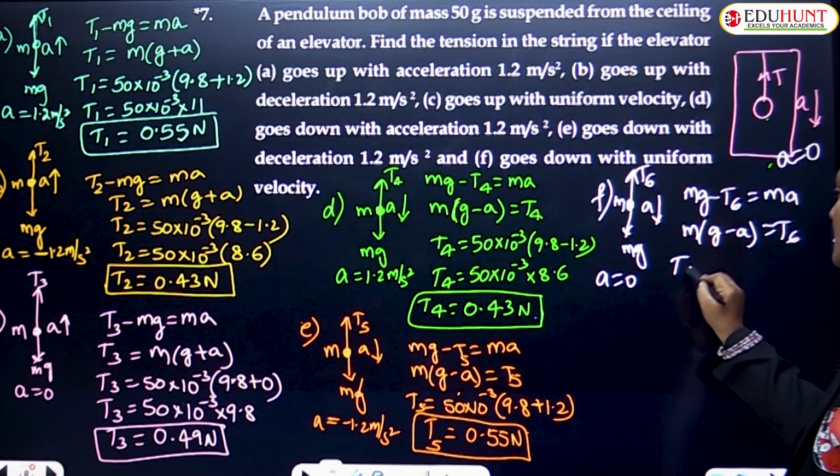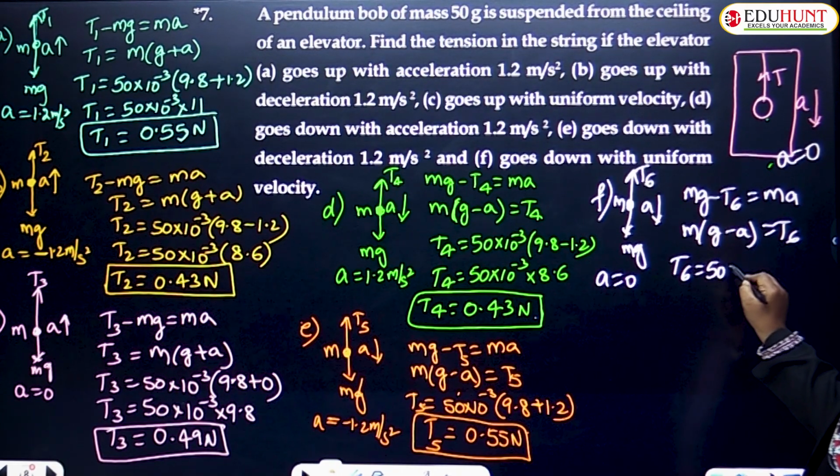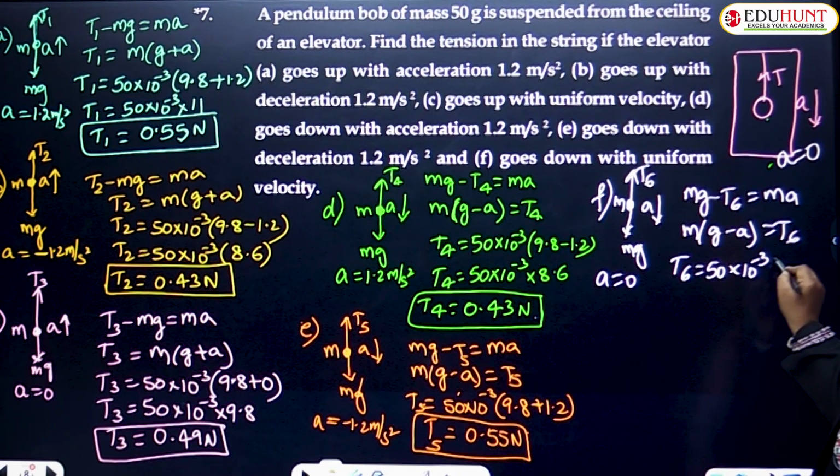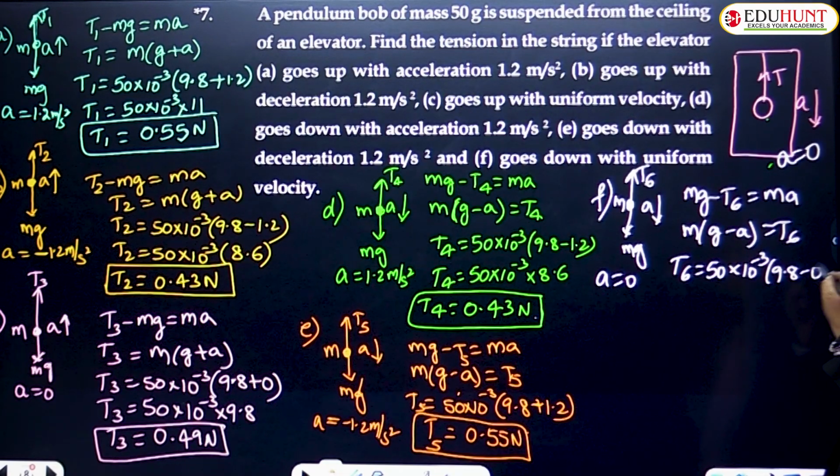Or T6 is equal to, the value of m is 50 into 10 power minus 3, into 9.8 minus 0, because it is moving with uniform velocity, so a is 0.